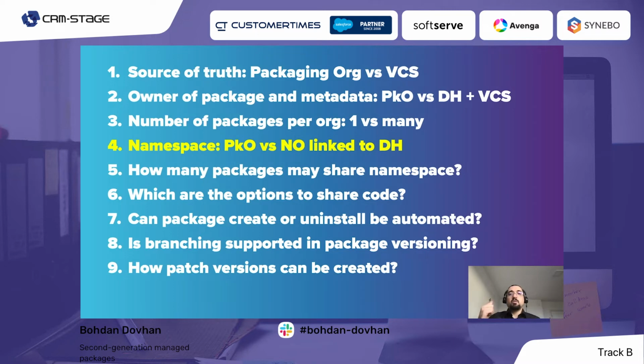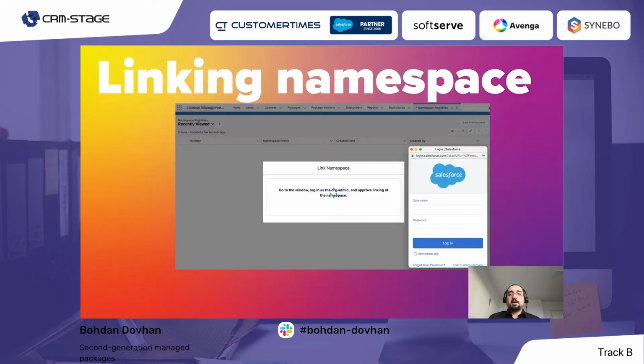This is the org where your namespace is actually registered, and this org should be linked to your Mydevhub organization. I can show you a slide where you can see how this can be achieved. So you open the tab namespace registries, you click a button link namespace, and a separate pop-up window opens where you can enter your username and password and log in, and then if there is any namespace on this org, this namespace will be linked to your Mydevhub organization.